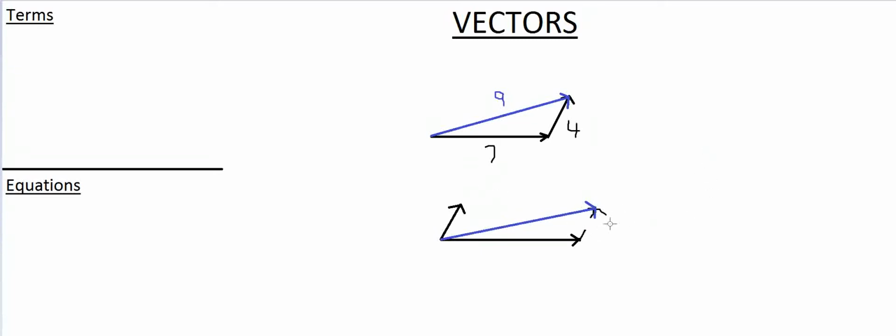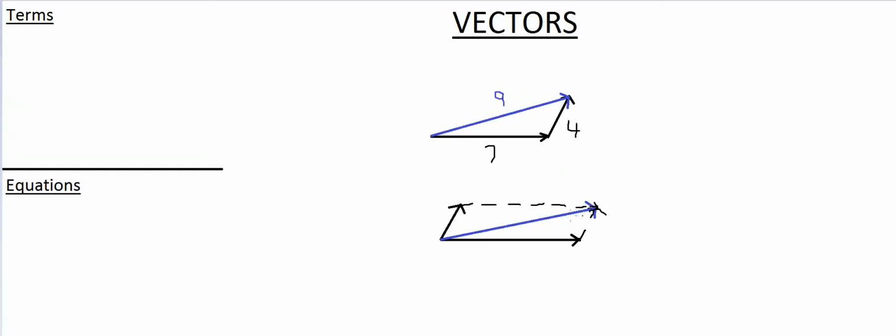Alternatively, instead of moving this vector over here, you can move this long vector over here instead. It'll look like this. Notice that no matter whether you move this vector over here or this vector over here, the resultant vector will always have the same magnitude and direction.